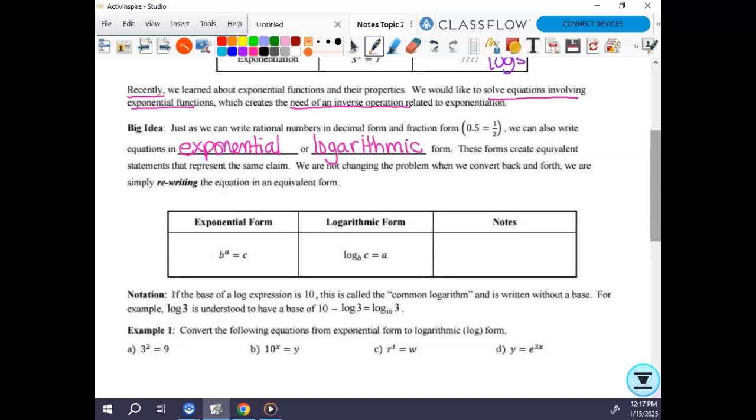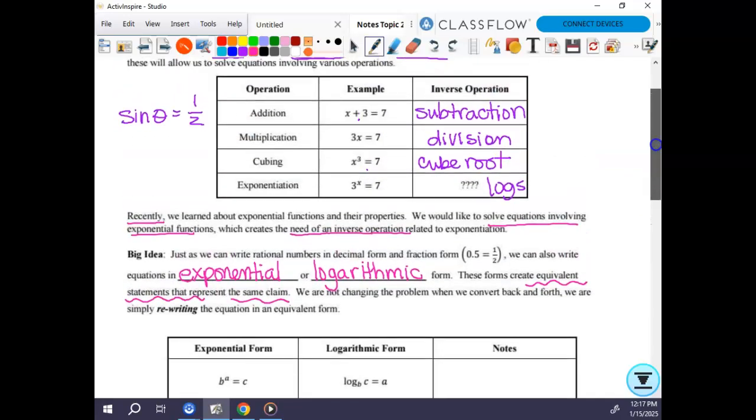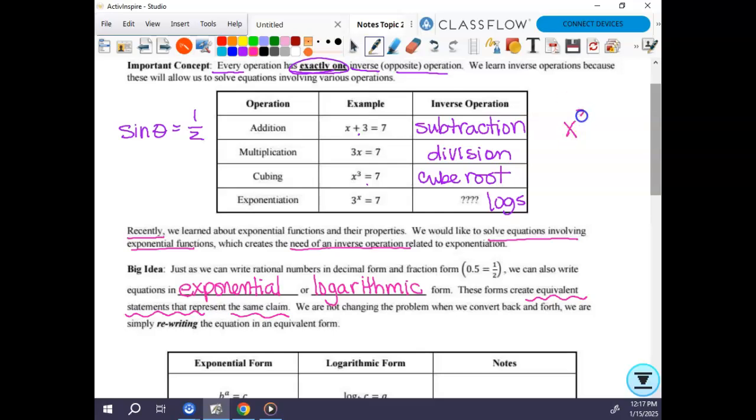So these forms create equivalent statements that represent the same claim, right? Here's what that means. Back up here where we had x cubed equals 7, if I take the cube root of both sides, that gives me that x is equal to the cube root of 7, right? They look very different. One has a cube, one has a cube root, but they make the same claim. In both equations, things are equal.